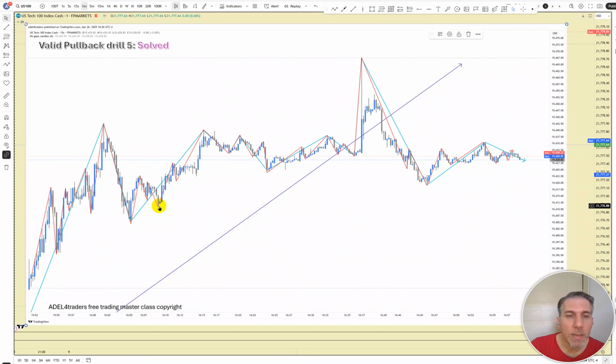But this candle's high is taken by this one, later this one, and later this one. And this one here, this must be a mistake again. Look, this error, we should connect here to there. The reason is here we don't have this candle's low taken by the close.